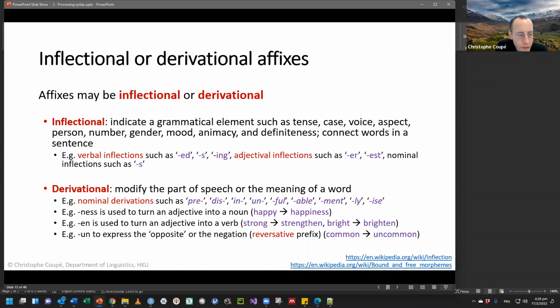And then you have derivational affixes, and you use them to modify the meaning of a word or what we call the part of speech. So that's when you add something like pre, dis, in, un, ful, able, ment, ly, ize, stuff that you can add to other elements like happy, happiness.